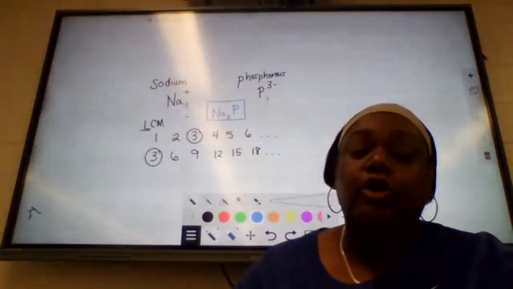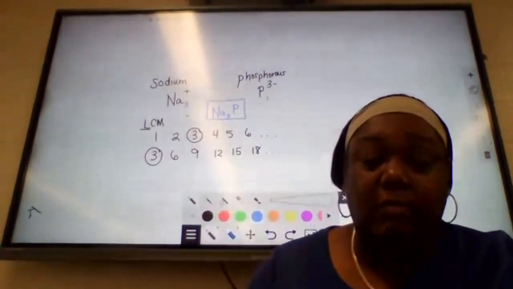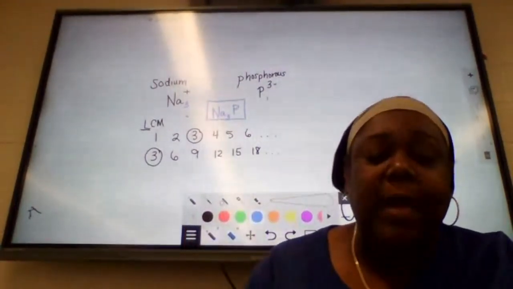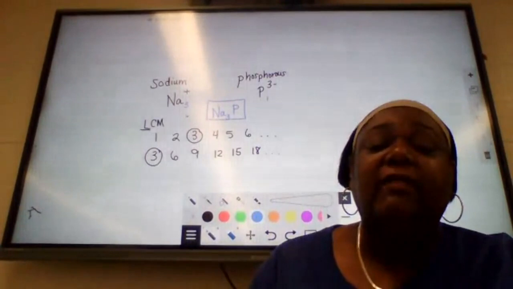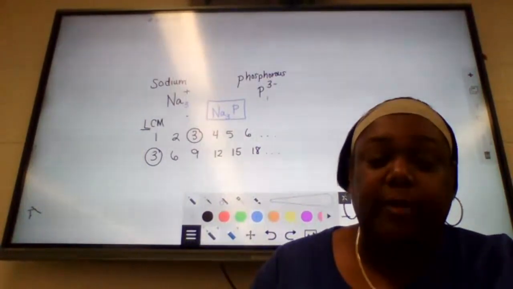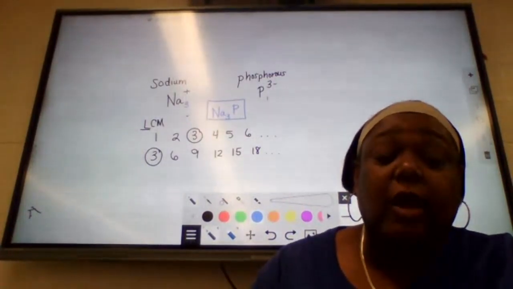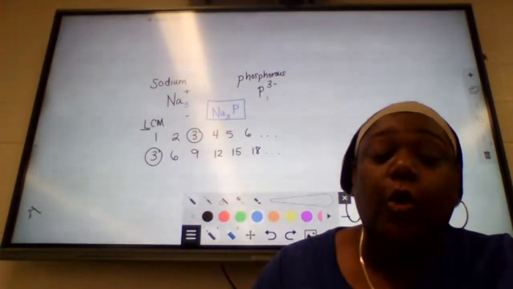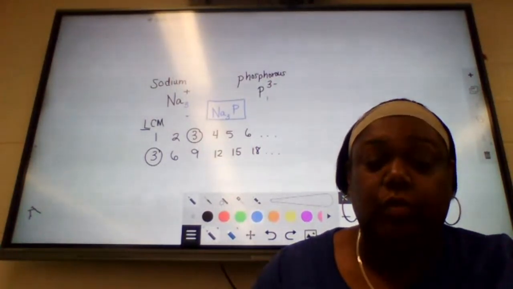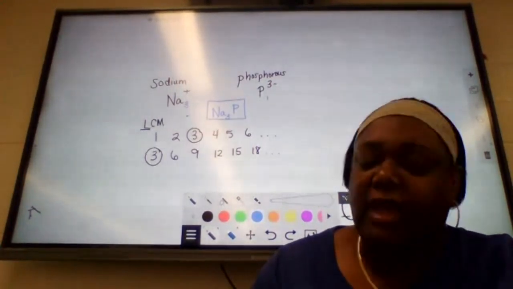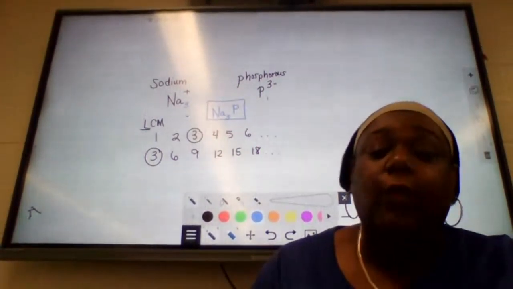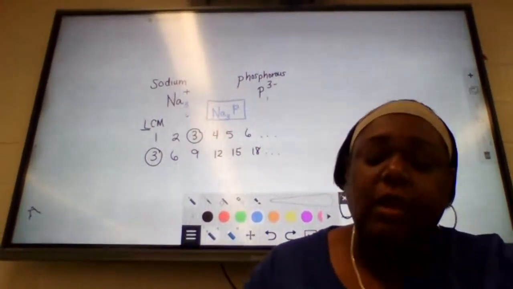Now, no matter what your elements are, no matter what their oxidation numbers are, you have to balance the oxidation numbers to have a correctly written formula. Please also notice that in our correctly written formula, there are no oxidation numbers being shown. Oxidation numbers have to cancel one another out for your formula to be correct.